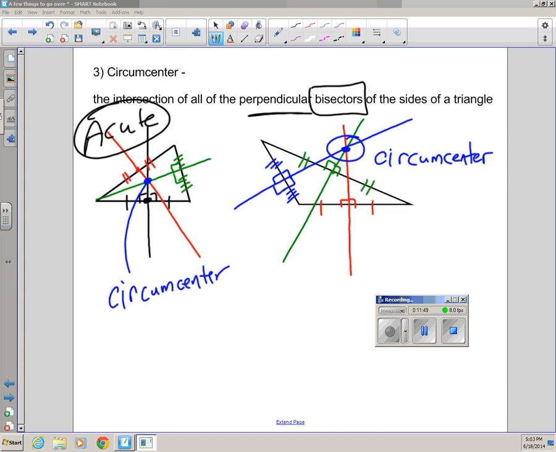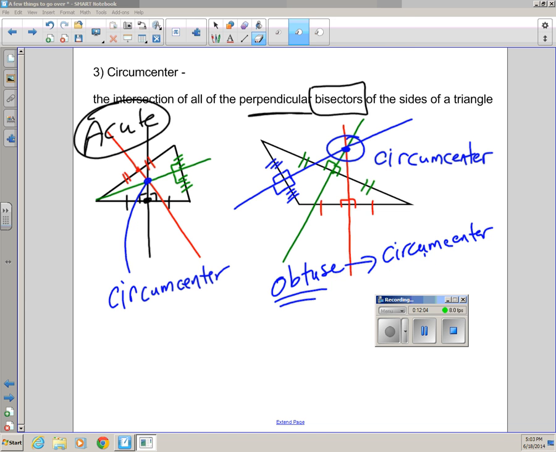So here's something we need to remember. For an obtuse triangle, the circumcenter is outside the triangle. Now, by the way, the reason why it's called the circumcenter is the following.